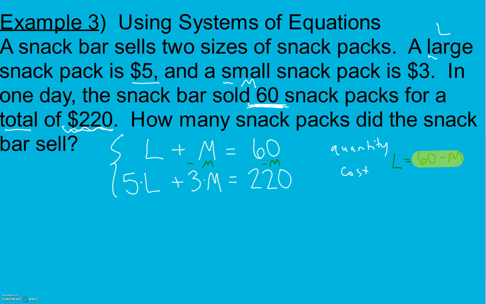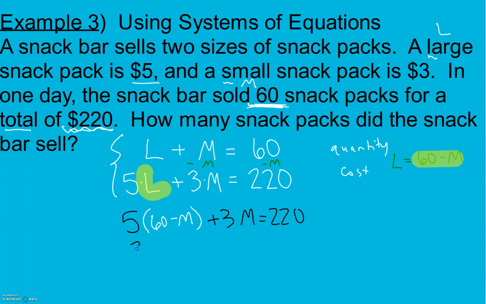Once I know, though, what L is, I can substitute that in for L in my second equation. The equation itself doesn't change except for L. L is going to be 60 minus M. And the rest of it we bring down exactly as we wrote it.